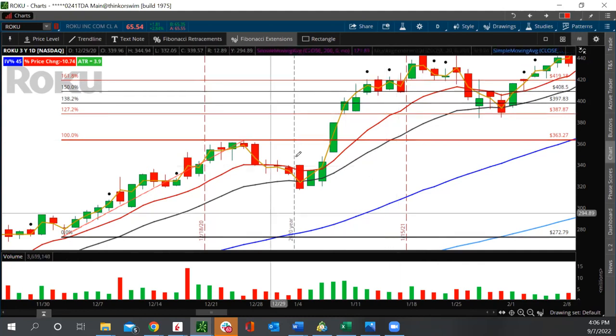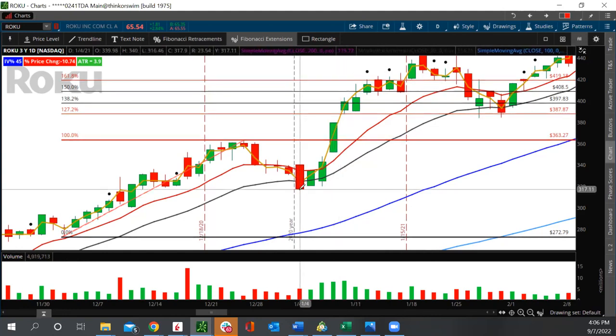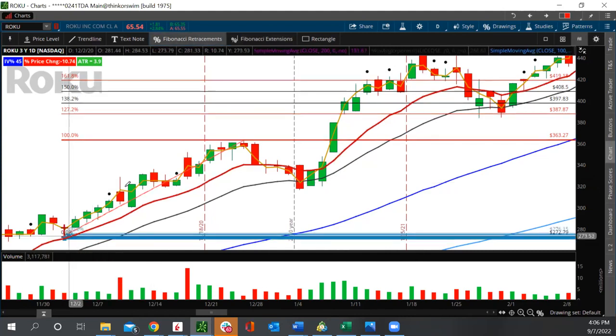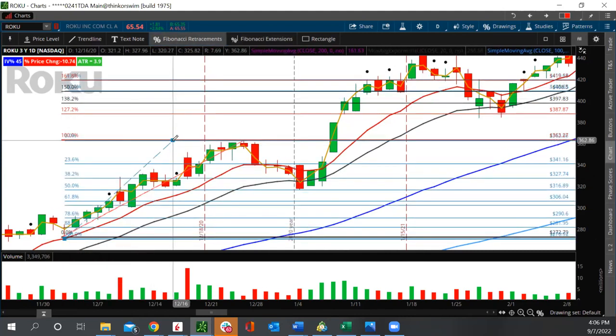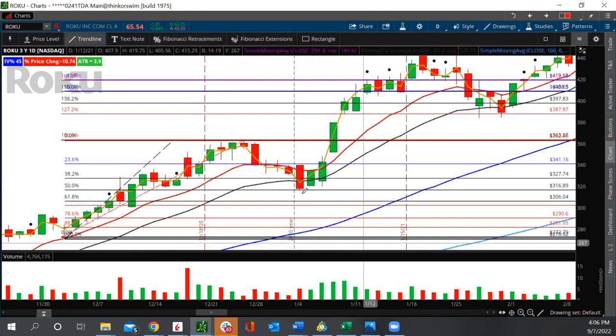Okay. So first level where you might want to take some profit would be the 100% retracement. So let's say if you got into here, right? And let me, for 1 second, I'll just put it on for a second, then we'll take it back off. Okay. So let's say you got in here. I'm just going to drop in a trend line here real quick.